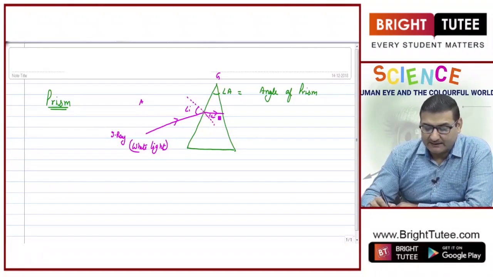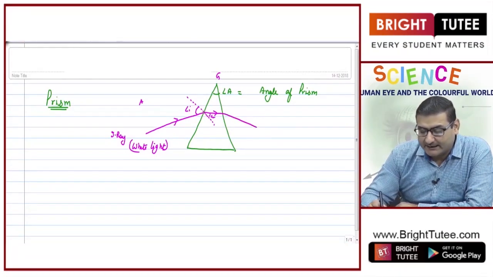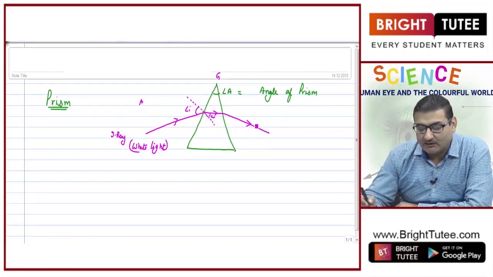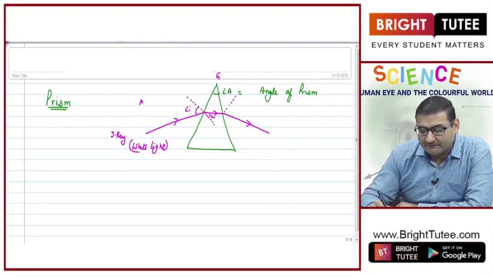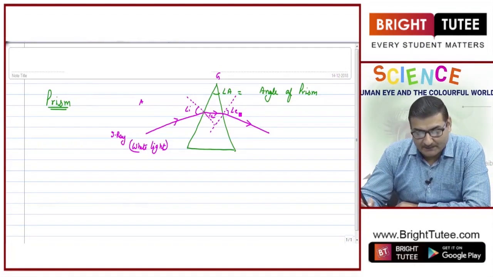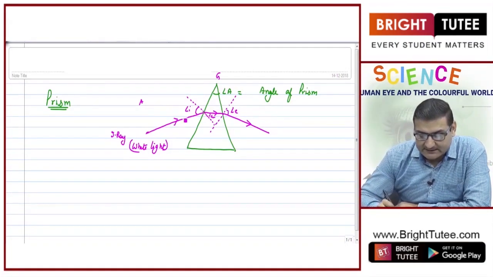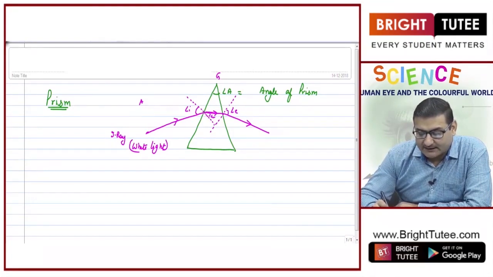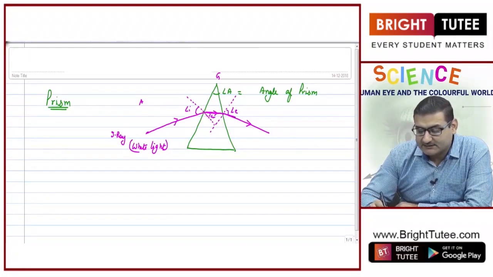When this ray of light passes once again from glass into the air, it again bends, but now it will be away from the normal, and this angle will be the angle of emergence. Fine. So, this is the incident ray, this is the refracted ray, and this is the emergent ray.